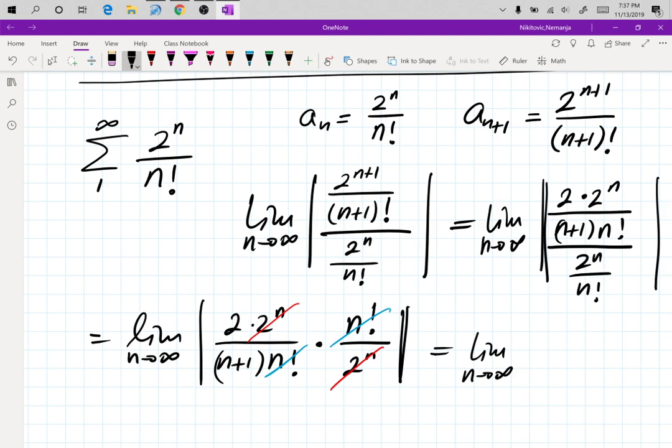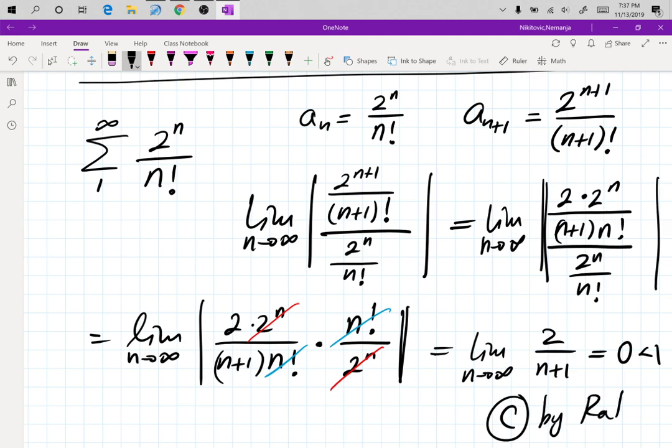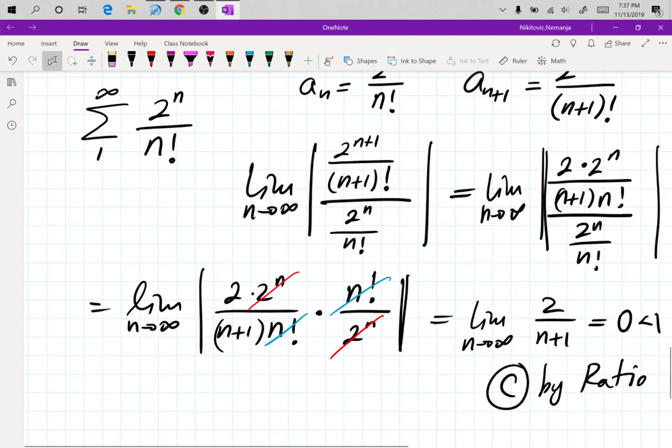All the values that stay are positive, so there is no need for absolute value anymore, because your input numbers are 1 to infinity, and all you have is n plus 1, so you can't get that negative anyway. And that's it. The limit is 0.